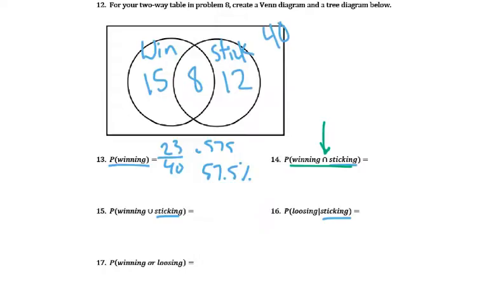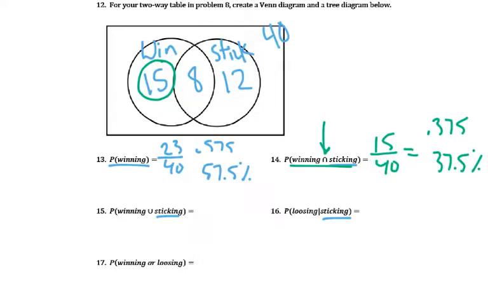So now what about winning without sticking? That would be the 15, so it would be 15 over 40. Which I think, no, we didn't do it for that. It would be 0.375, so 37.5%.